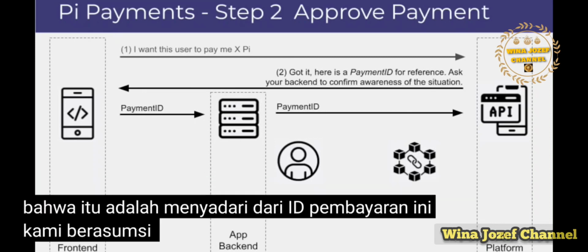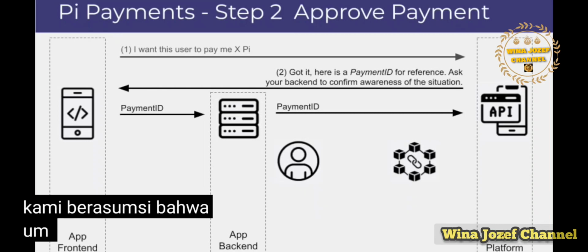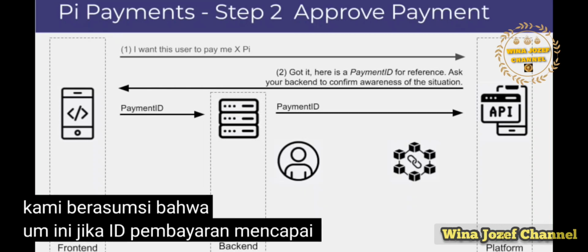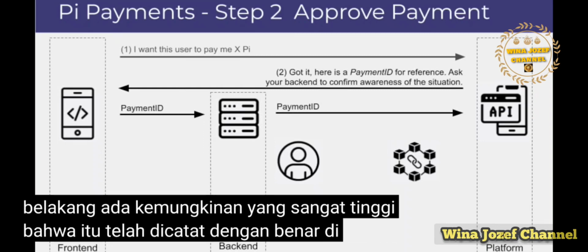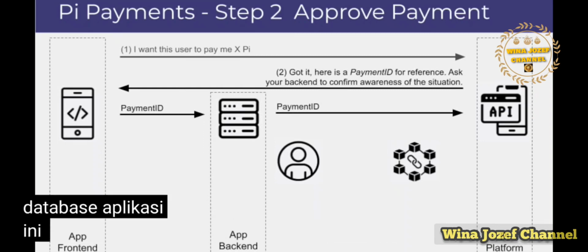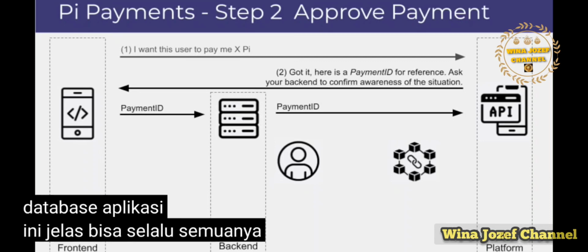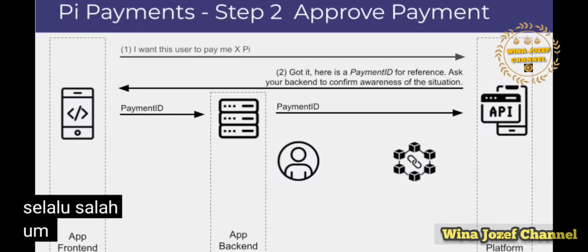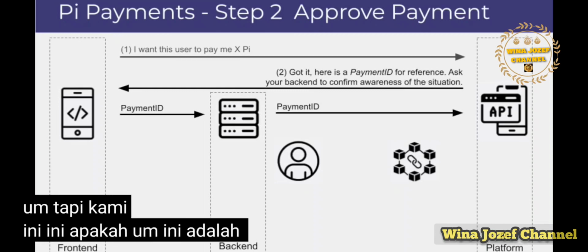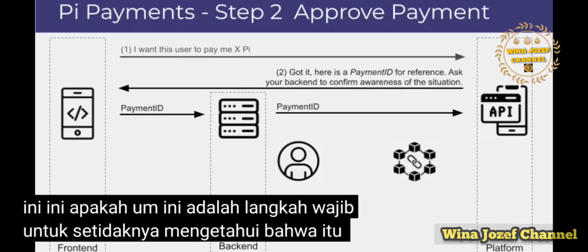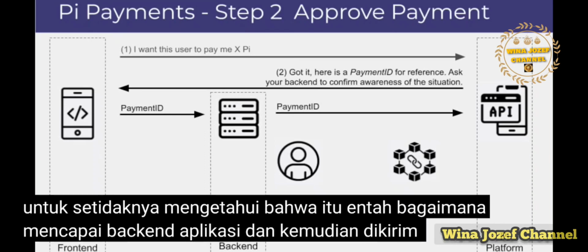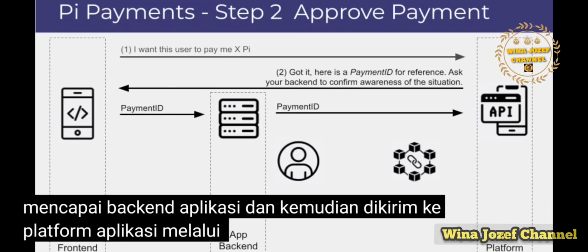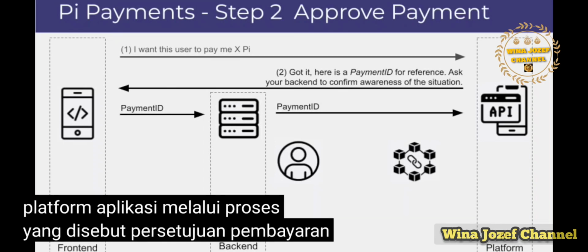We're assuming that if the payment ID reaches the app backend, there is a very high likelihood that it has been correctly recorded in the app's database. Obviously everything could always go wrong, but this is a mandatory step to at least know that it somehow reached the app backend, and then it gets sent to the Pi platform through a process that is called payment approval.